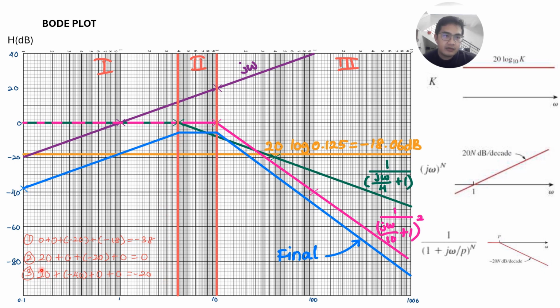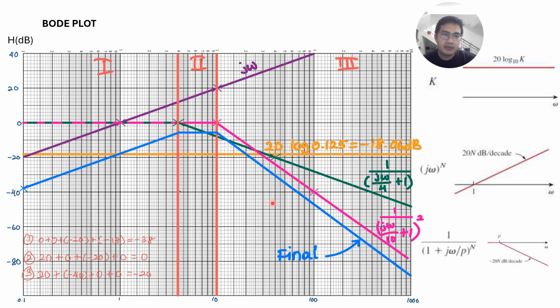And then for the second part, we can get here negative 20, then 0, then 0, and then also 0, which is from here. So we have 20, 0, negative 20, and then 0. So we can get 0. So we have here the straight line.